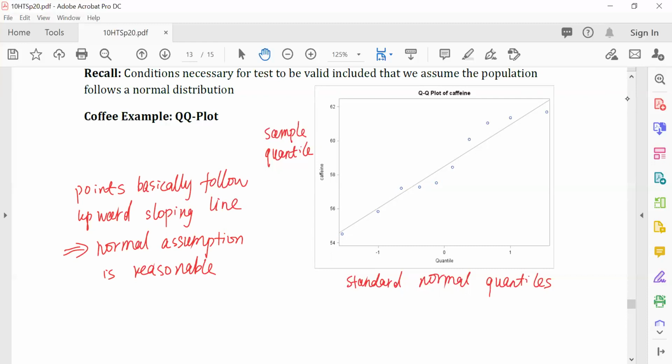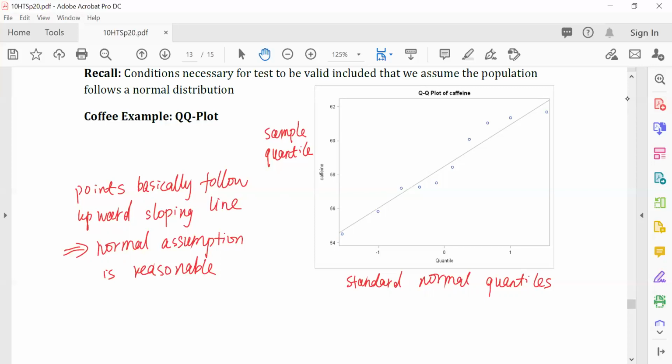There is one thing I want to mention here. Some students who have learned more statistics before get confused about this normal QQ plot versus the regression plot that we are going to talk about later in the semester. That's not a regression line.